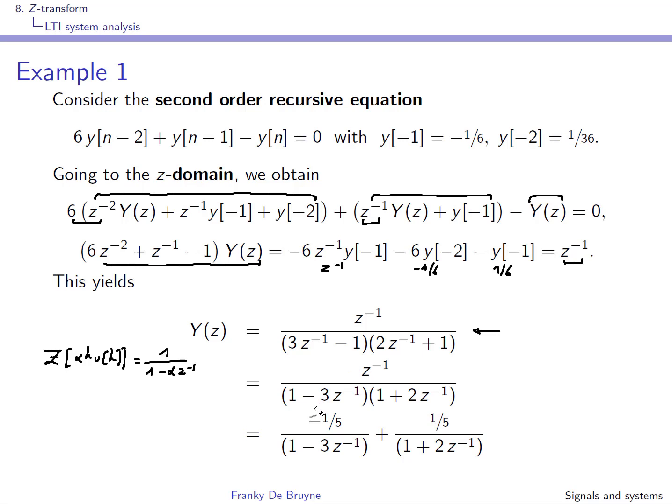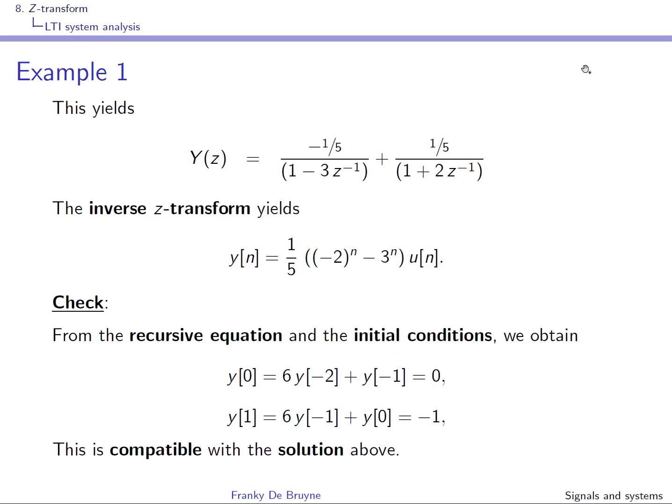Do not forget that when you have done the partial fraction expansion, you should check that if you put everything under the same denominator, you again obtain what is over here. After partial fraction expansion, we compute the inverse z transform, and this yields the following relation. So we are not done yet.